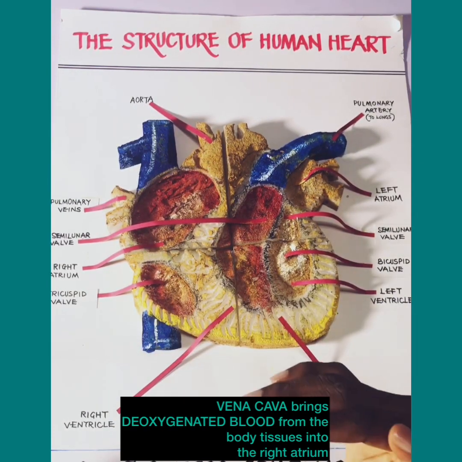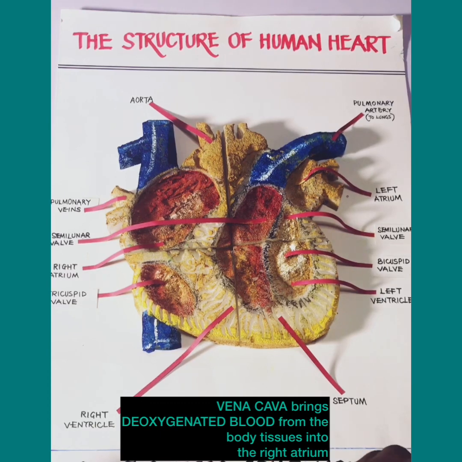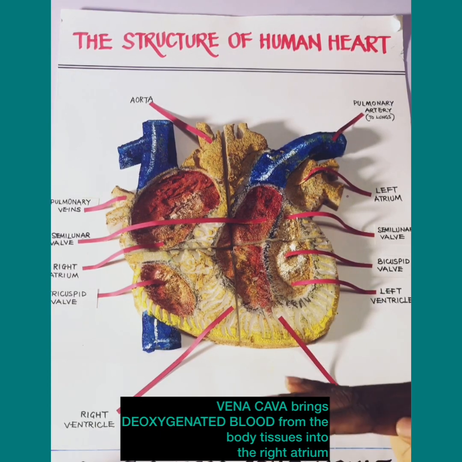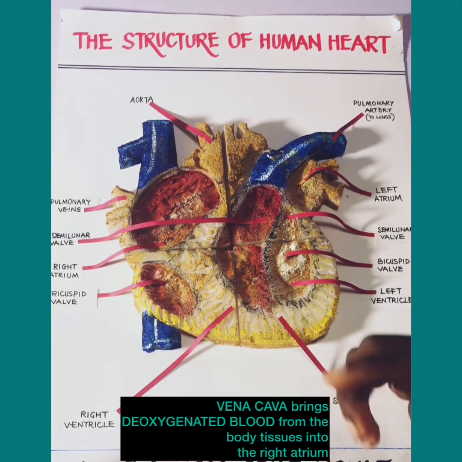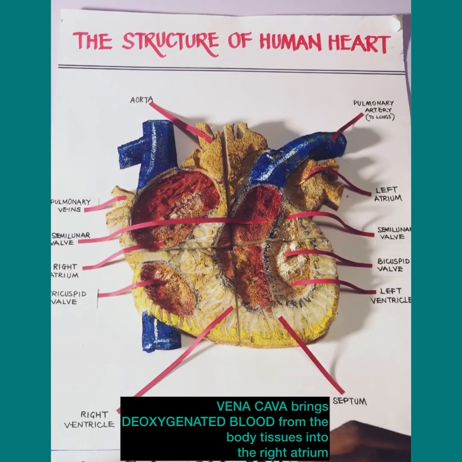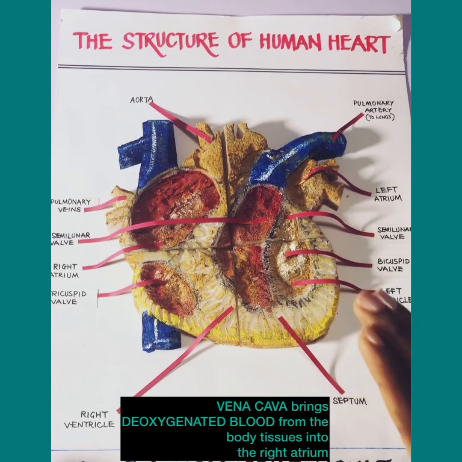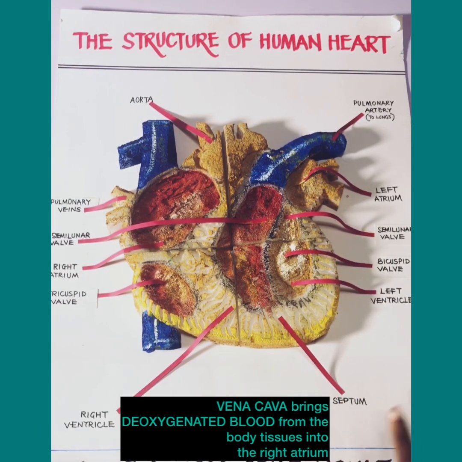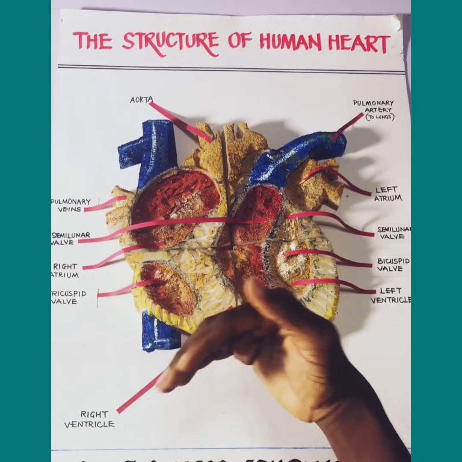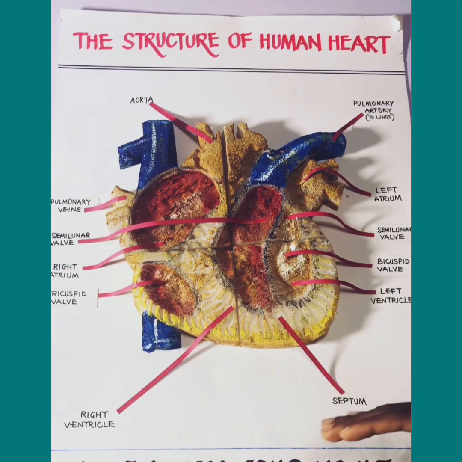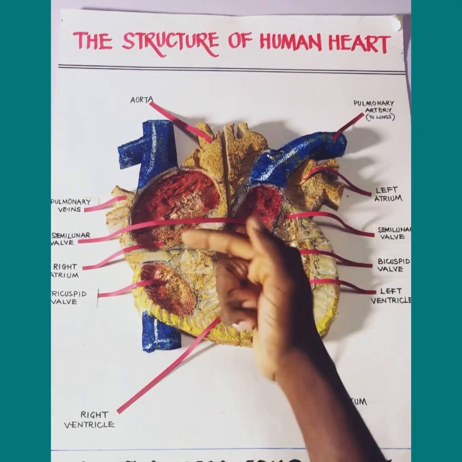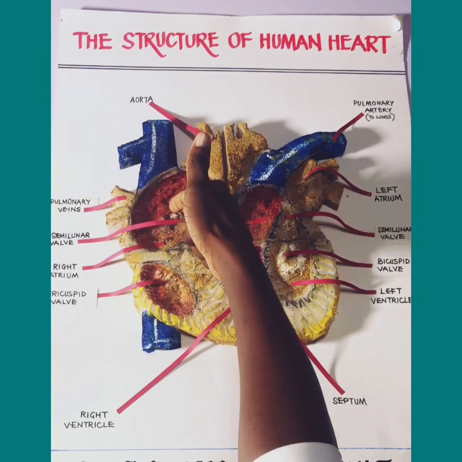Now we also have what is known as the inferior vena cava. The inferior vena cava is also bringing deoxygenated blood from the lower part of the body, that is your lower part of the body and your legs region. So it's bringing the deoxygenated blood from that part into this particular right atrium.